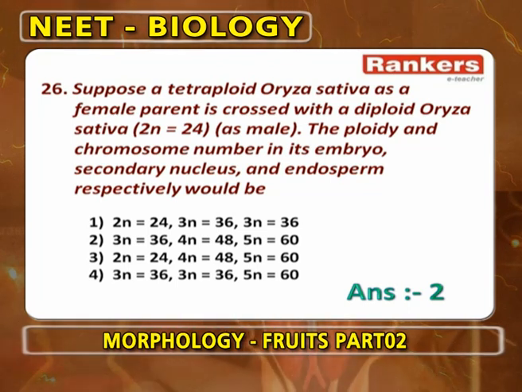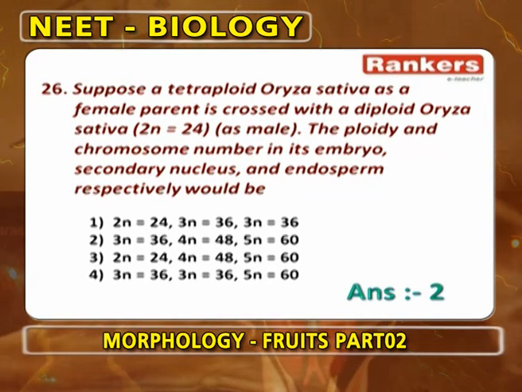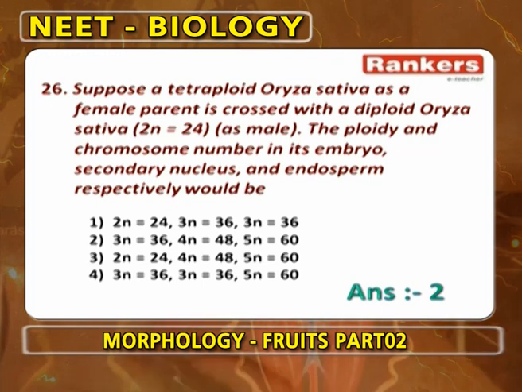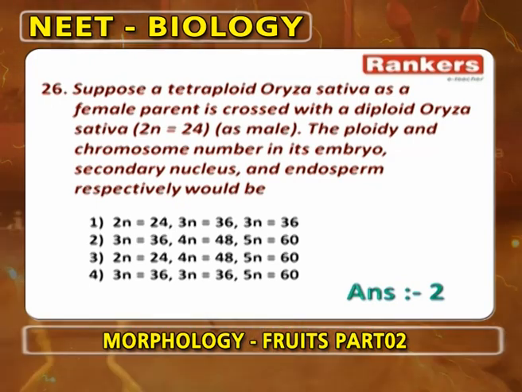Tetraploid Oryza crossed with diploid Oryza with 2n = 24. Definitely from 4n, 2n will come, from 2n, 1n will come, 3n will be present in embryo. Definitely it is 4n in the case of secondary nucleus because 2n and 2n will come. Then 5n is the endosperm. So, 3n = 36, 4n = 48, 5n = 60 will be the answer for this question.